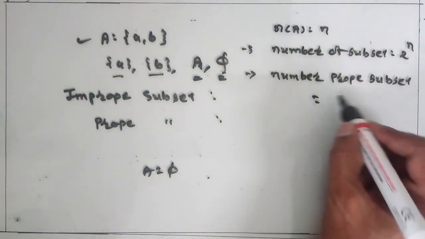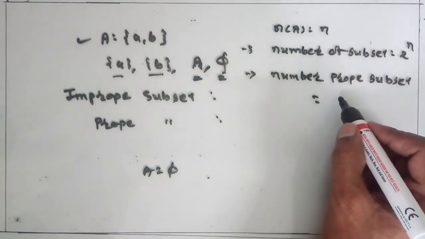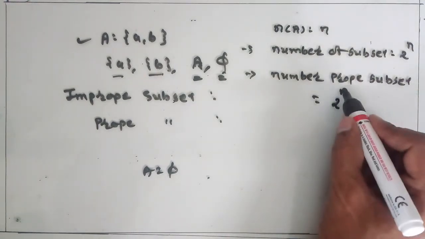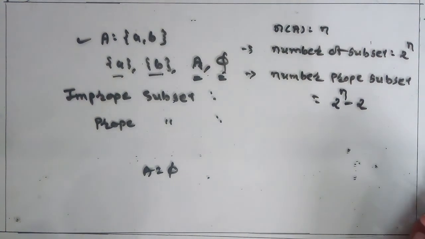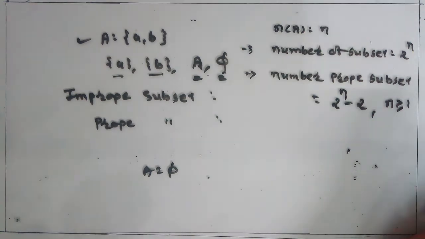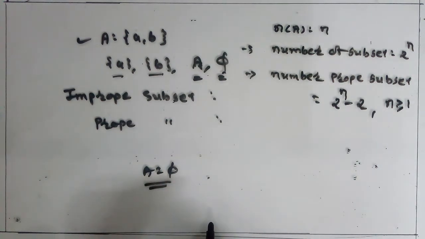So the number of proper subsets is equal to 2^n minus 2, removing the improper subsets, if n ≥ 1. This is a condition. Clear? Why do we take n ≥ 1?